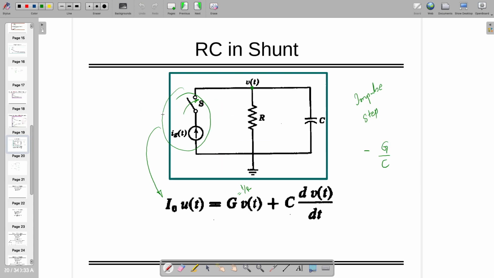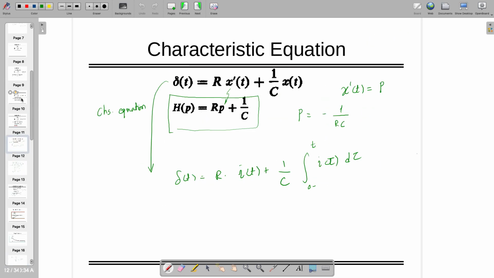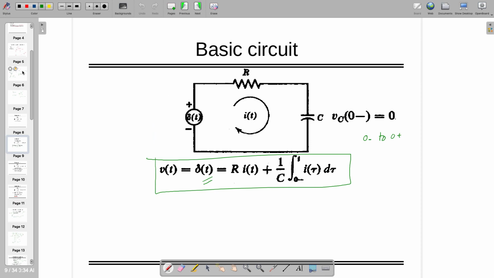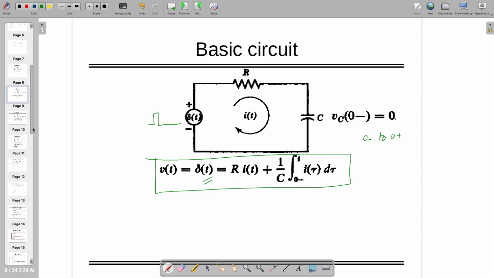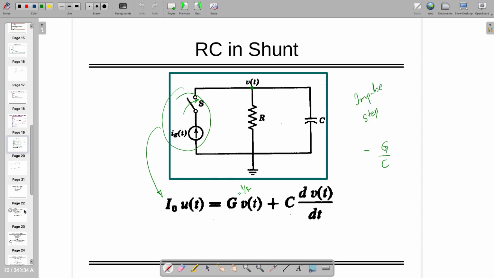Look, here there is a switch, so Ig of t is available after t equal to 0 plus, forever. So it's a step response. But for the other case, where is the circuit? Here it's delta of t, so it's an impulse. The input was an impulse. Here the input is not an impulse, but a step.